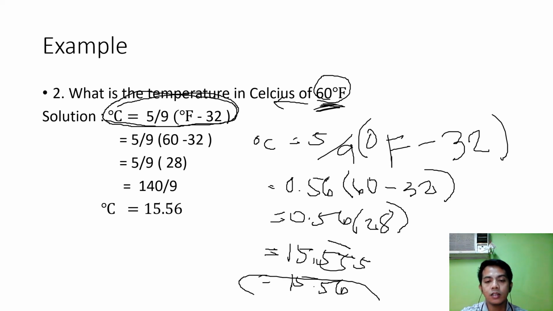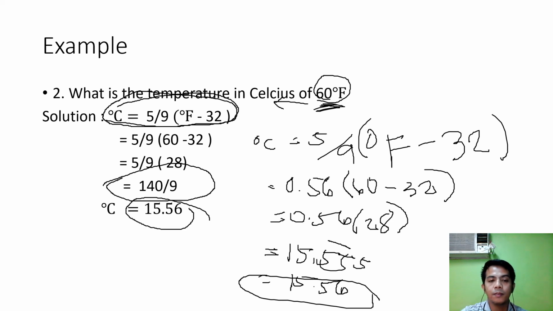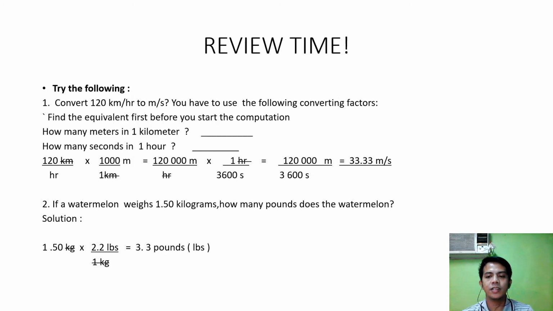So this is your answer if you use the manual computation, but if you have a scientific calculator, the answer for the fraction is 15.56. So this is the same. Using a scientific calculator, your answer is 15.56, and using manual computation, also the same, 15.56. Okay, so the answer is 15.6.